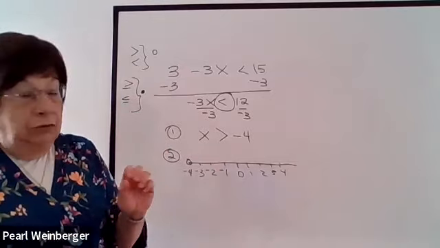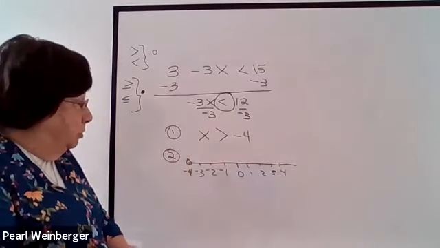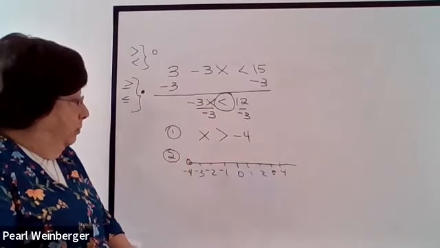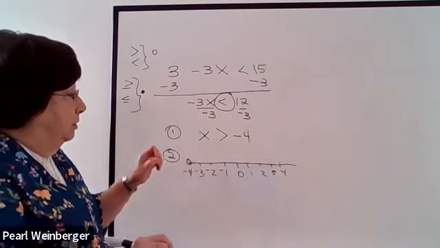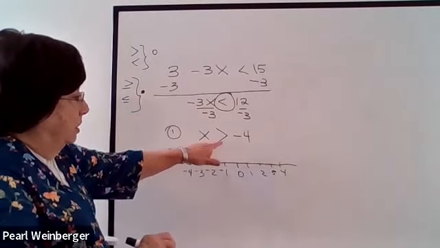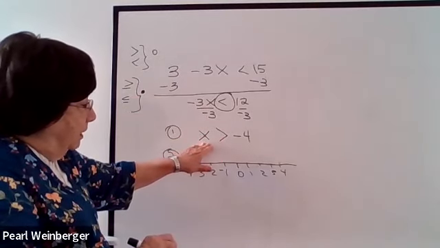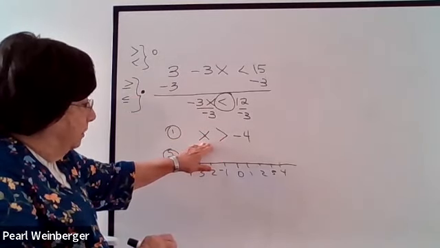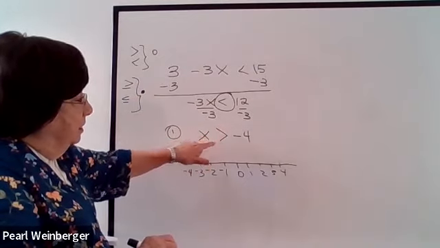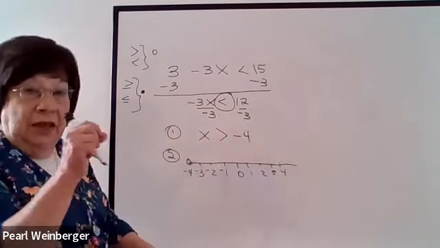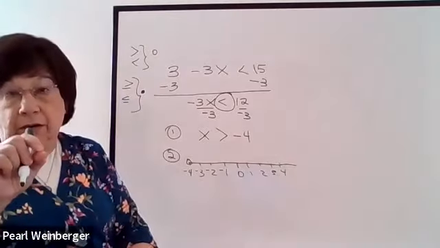The next thing we do, okay, so we're leaving this an open circle. And I'll tell you how to do this on Delta Math as soon as I finish this. If you notice, as long as you have the X on the left side of the inequality, this inequality side looks like an arrowhead.